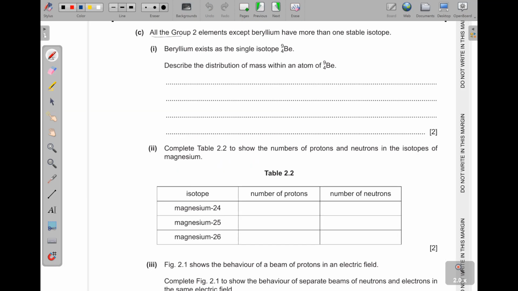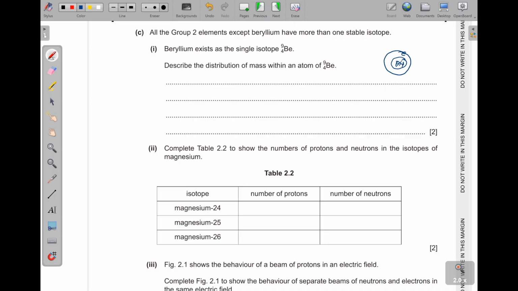Part C, all the group 2 elements except beryllium have more than one stable isotope. Roman 1, beryllium exists as a single isotope. Describe the distribution of mass within an atom of beryllium. Now, using the Bohr atom, we have a nucleus that contains protons and neutrons, and they have a relative mass of 1.